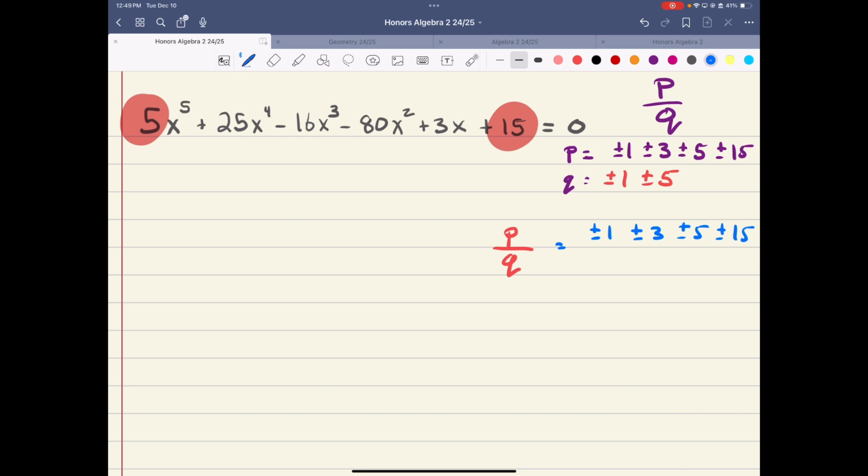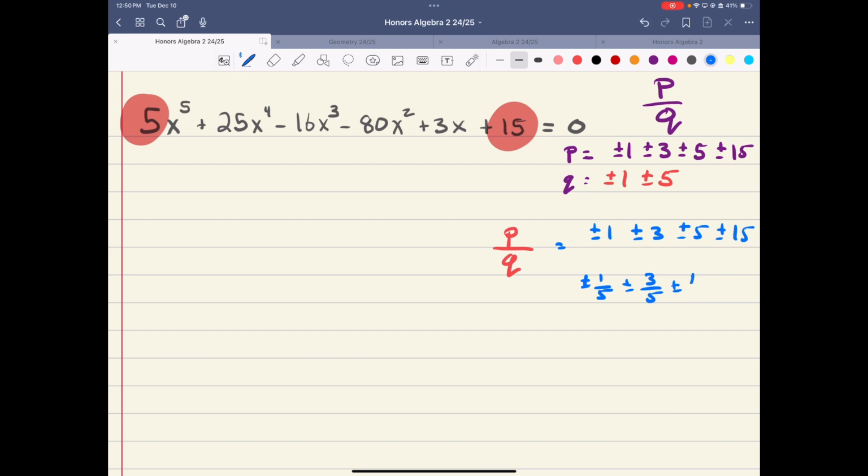If our q-value is 5, then we've got plus or minus 1/5, plus or minus 3/5, plus or minus 5 over 5. But we already have 5 over 5 listed. 5 over 5 is just 1, so we already have that listed, so I don't need to list it a second time.